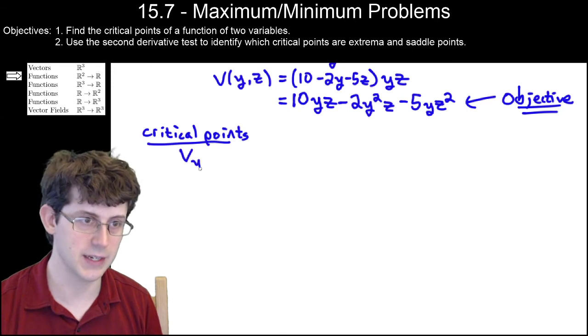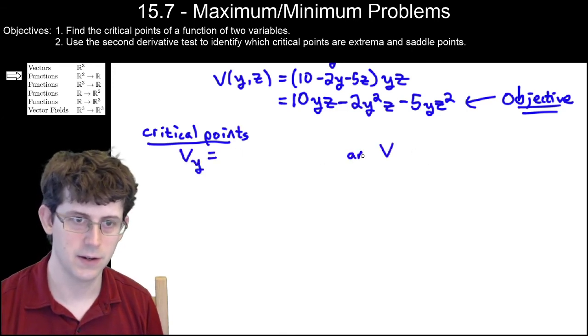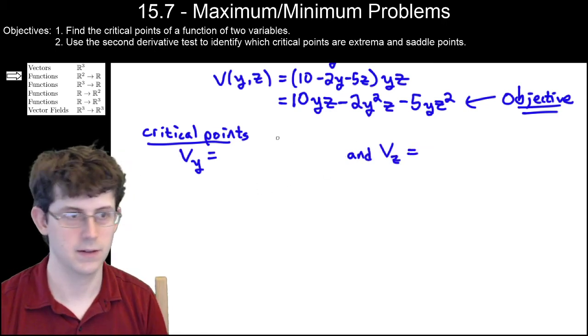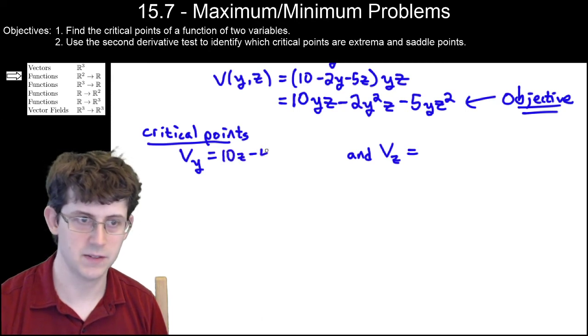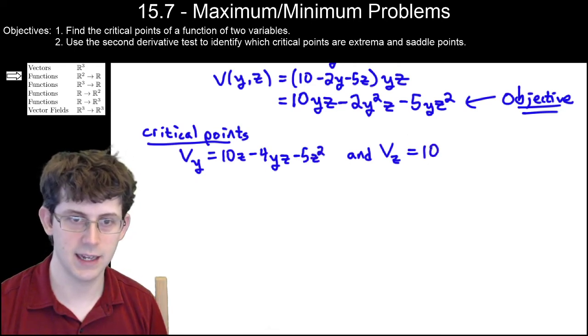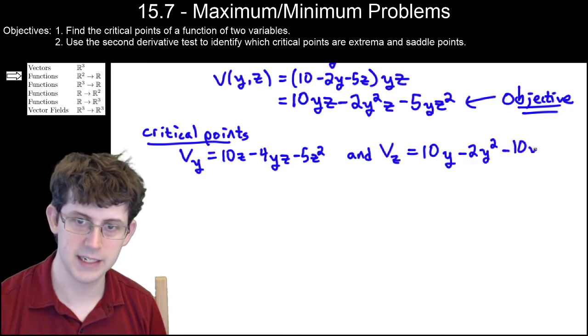So critical points are where Vy is 0 and also Vz is 0. Let's find Vy. Vy is 10z minus 4yz minus 5z squared. And Vz is 10y minus 2y squared minus 10yz.